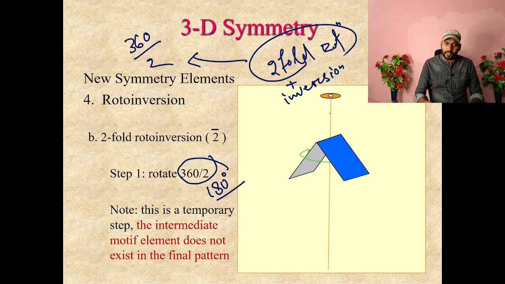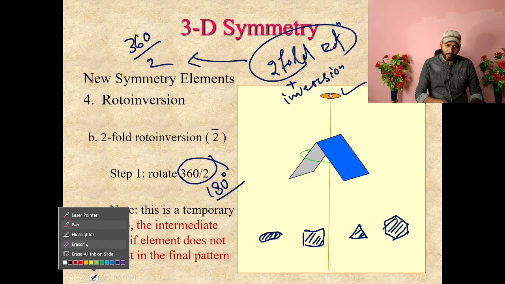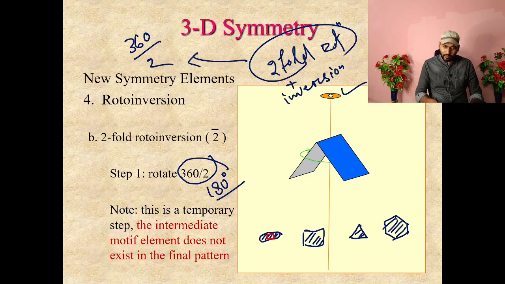Okay. So this is the rotation axis in between, and this rotation axis is represented with two bar symmetry. When it is twofold, we will represent it as an ellipse. When it is fourfold, we will represent it as a square. When it is threefold, a triangle. When it is sixfold, a hexagon. And when it is 2 bar, 3 bar, 4 bar, like that, then what we have to do is make a circle in between.